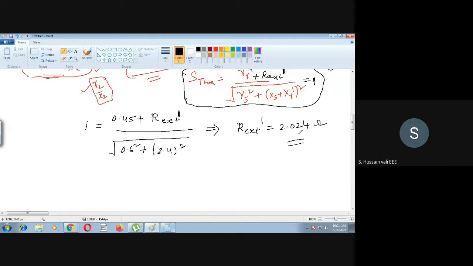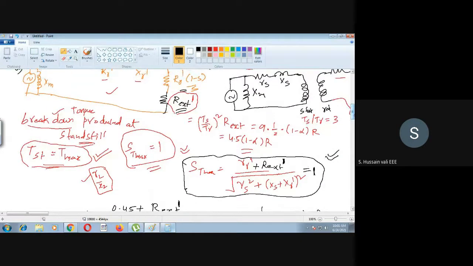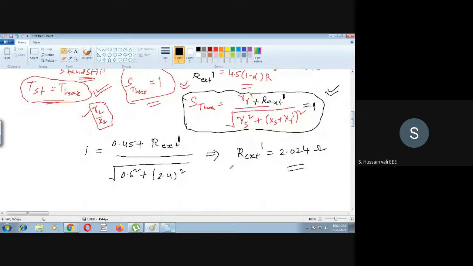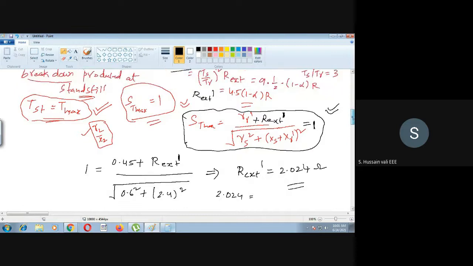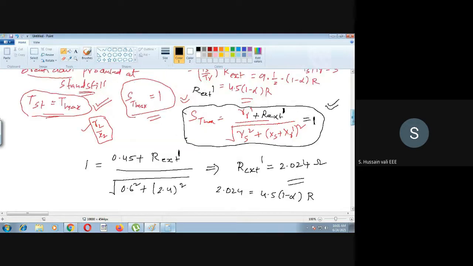Now we'll do one thing. Somewhere we got the equation for R external dash. Yeah, we got R external dash here. So how much did we get? R external dash is equal to 4.5 into 1 minus alpha into R. So we'll put that. So 2.024 is equal to 4.5 into 1 minus alpha into R. Now what is alpha?